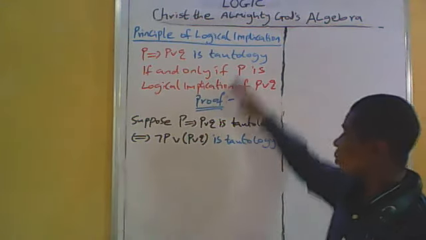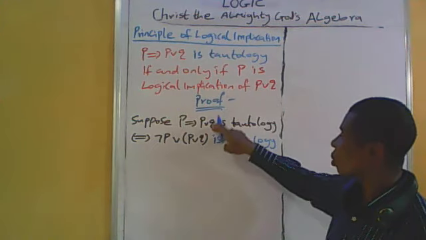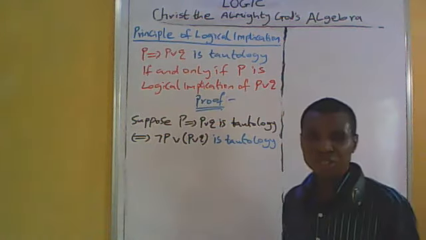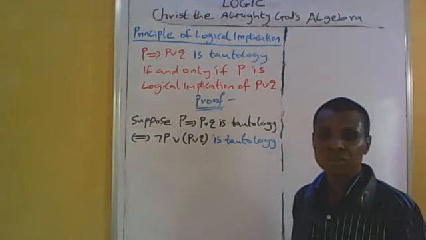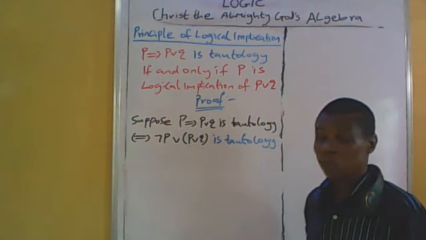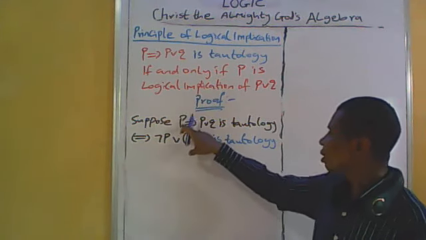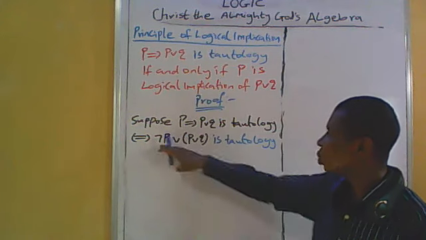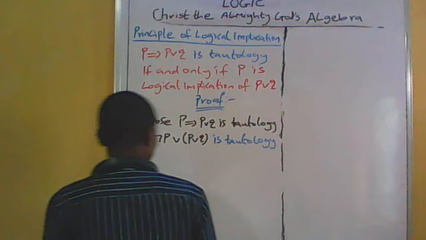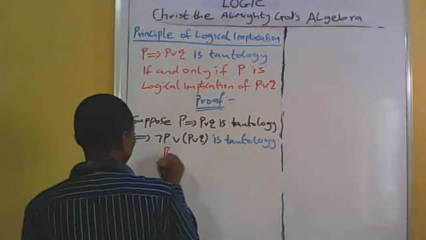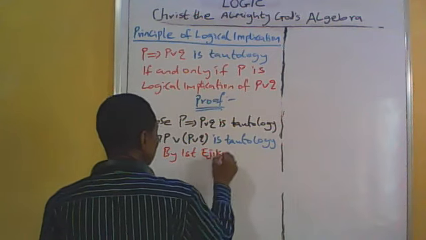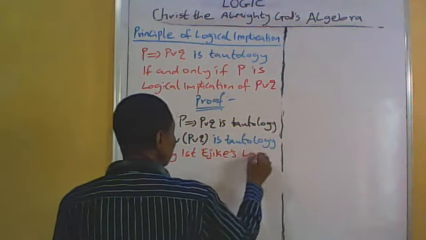That means we have substituted this P implies P or Q with not P or bracket P or Q. They are logically equivalent by the first implication law. So it is by the first implication law that we substitute P implies P or Q with not P or bracket P or Q, being justified by the first implication law.